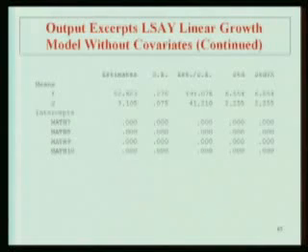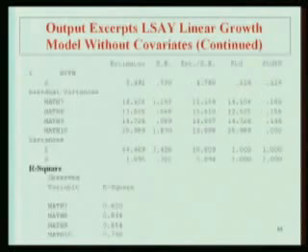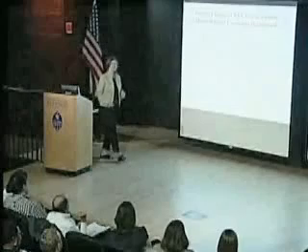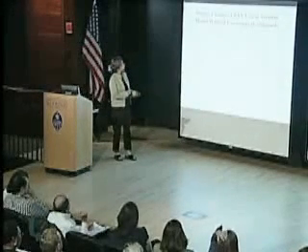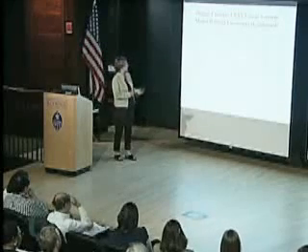So then what do we have here? Let me put both of these up at the same time. Okay, so we said that because I and S are random effects, they're going to each have a mean and a variance.